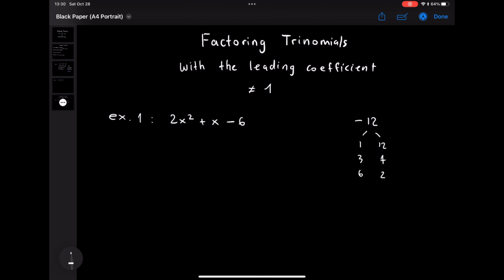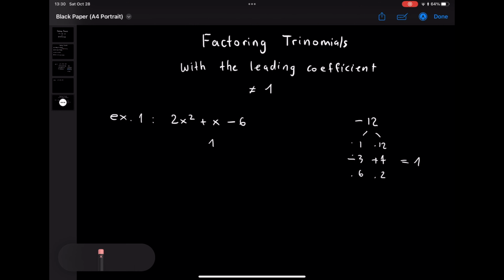But we can't forget that one of these numbers has to be negative. So in this case, for it to equal x, where the b is 1, it will be -3 plus 4, because that equals 1.